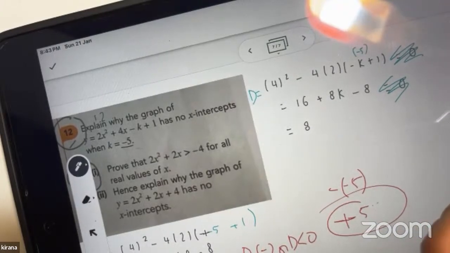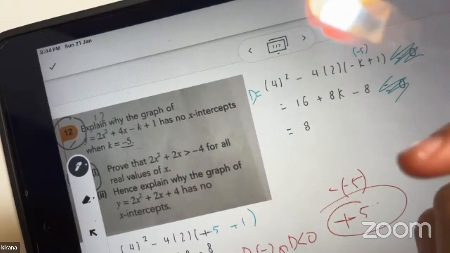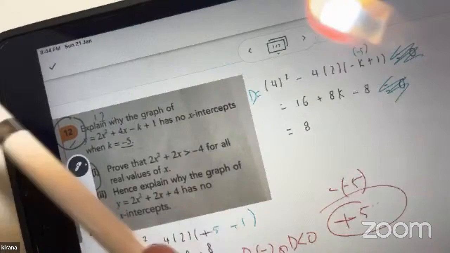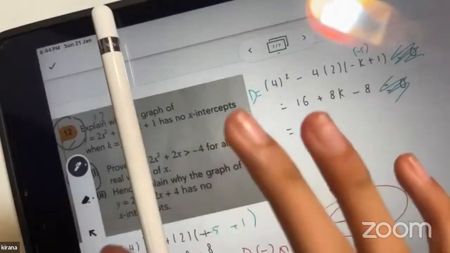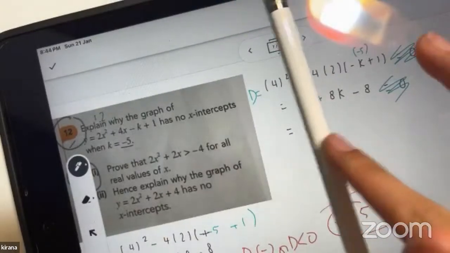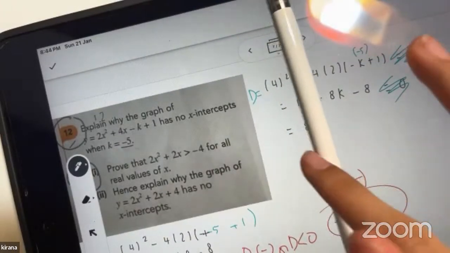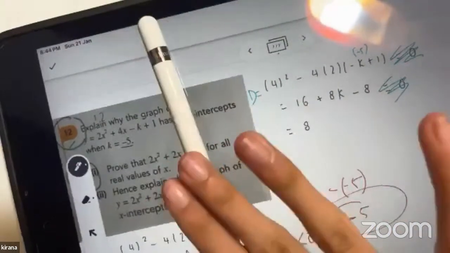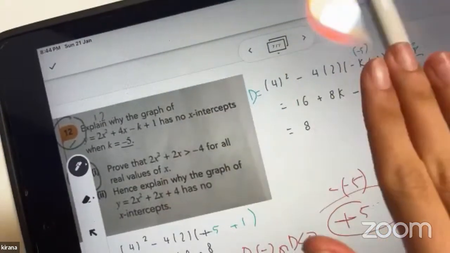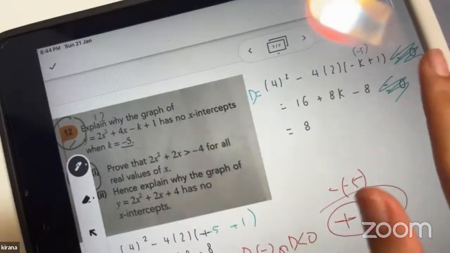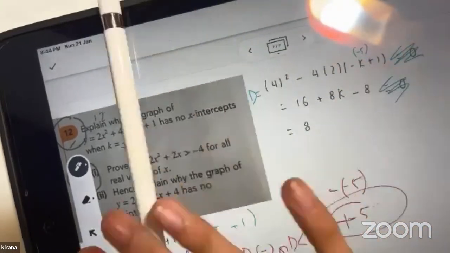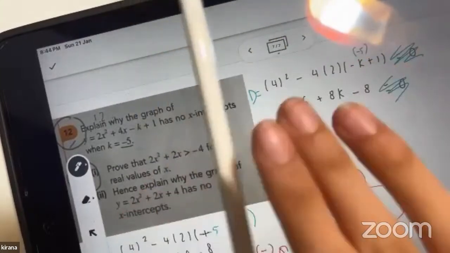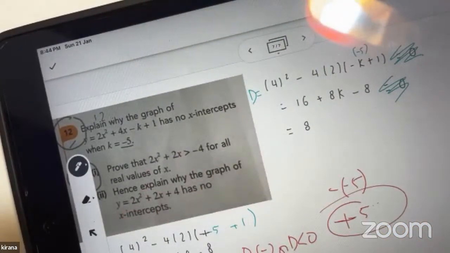If discriminant is smaller than 0, that means the graph is floating. Correct? You can just go backward. Now here's the good news. If you can do that, then that's what your teacher expects. Your teacher will expect you to write discriminant smaller than 0 from here. Draw this, and then that's it. Finish. That's what the teacher wants.